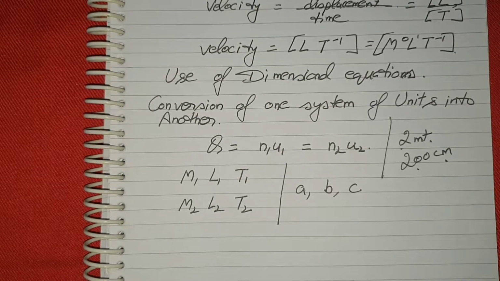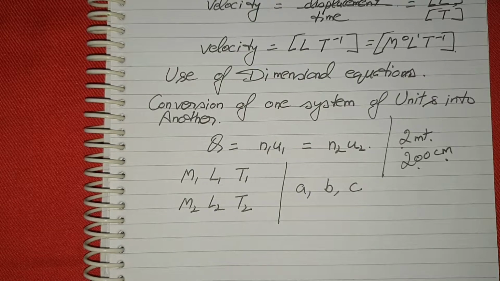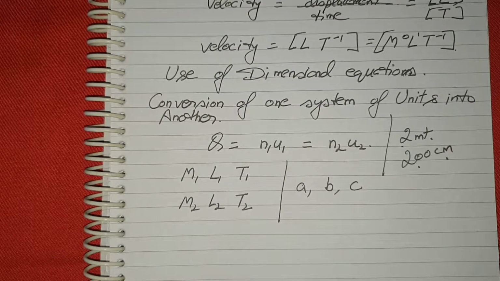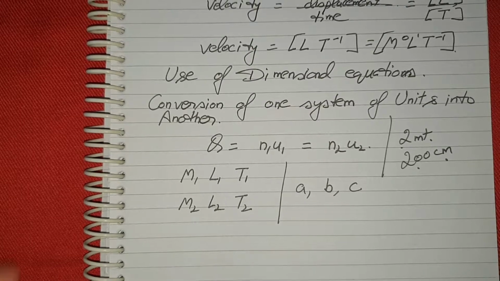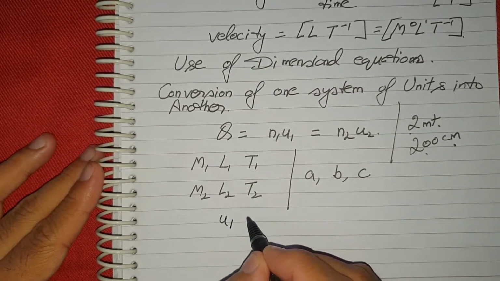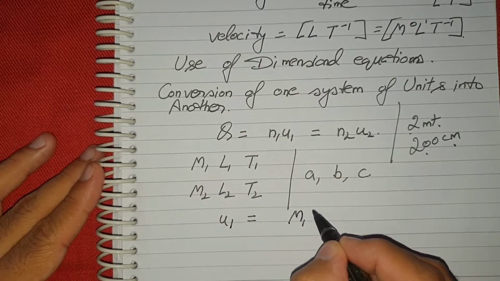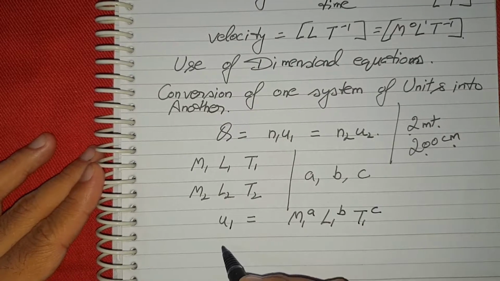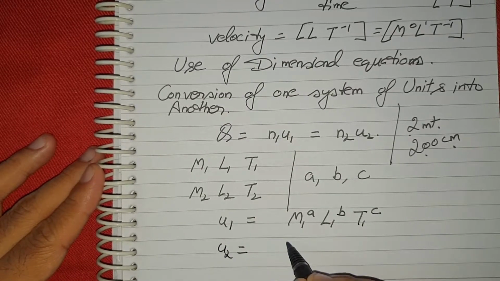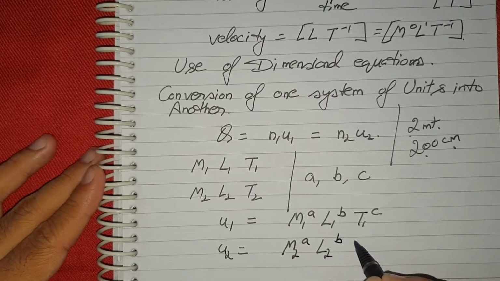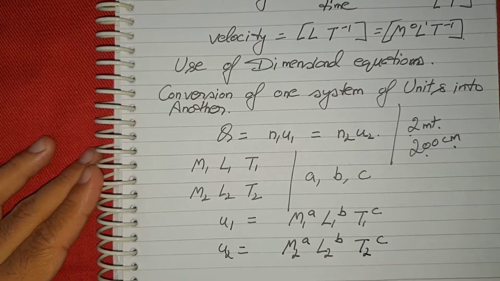So a, b, c are the respective dimensions of the quantity in mass, length and time in both systems. The units of measurement U1 and U2 would be: U1 will be M1^a L1^b T1^c, and U2 will be M2^a L2^b T2^c.